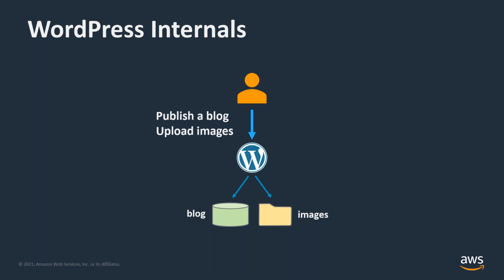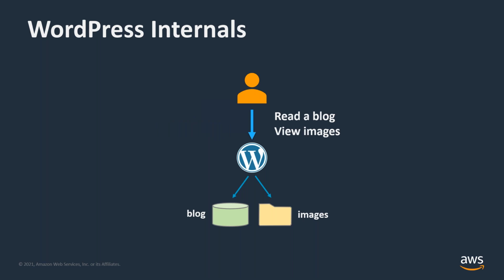The blog information goes into the database, and that image is pushed over to the file system. Later on, if someone wants to read the blog, they follow a similar path. They go to that single WordPress instance, and they read the blog information from the database and the image from the file system.